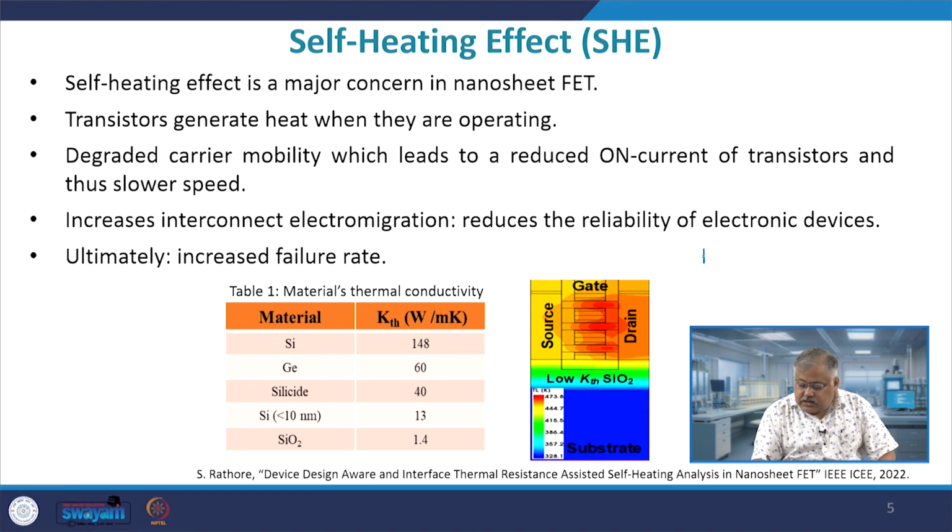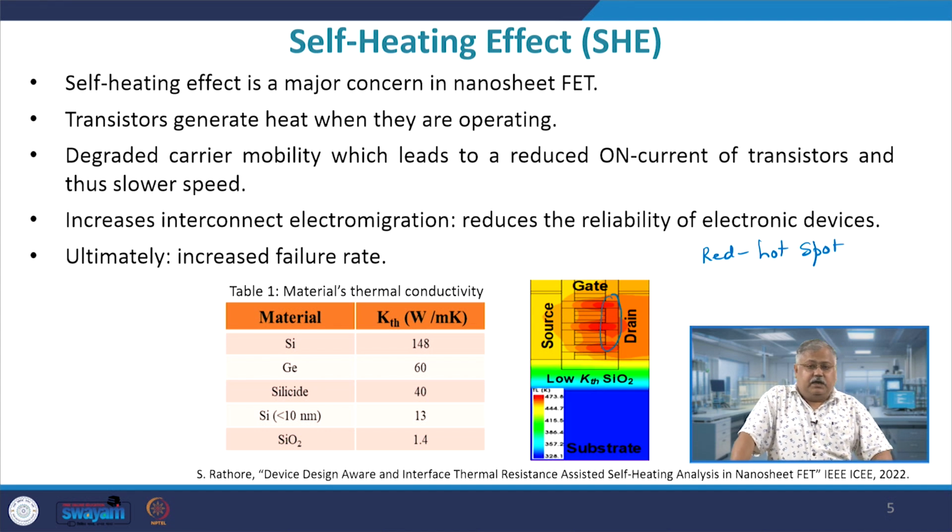The red ones are basically the hot spots, which means that the red area, which is somewhere here near the drain end, you will see the temperature is more than 470 Kelvin, which is 473, 474 Kelvin, and the substrate is 328 Kelvin. So, there is a big difference between the temperature on the active region and the passive region of the device, and approximately 100 Kelvin change is there, in fact more than that change is there.